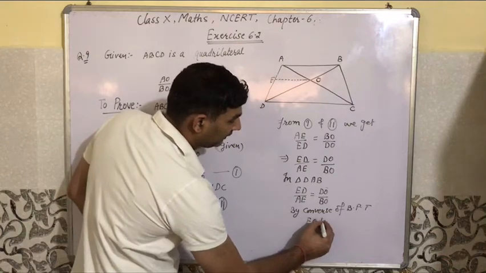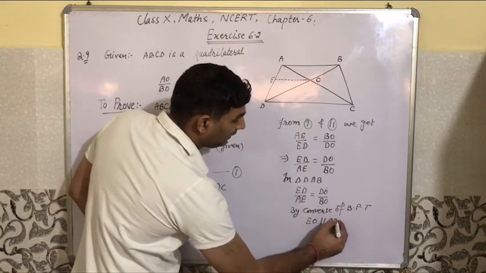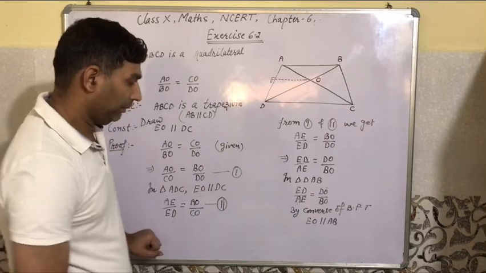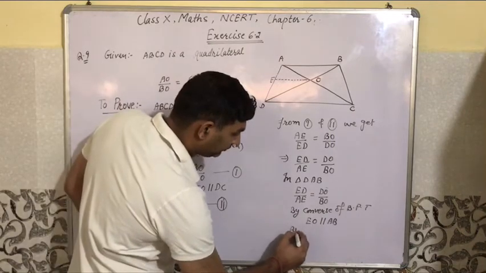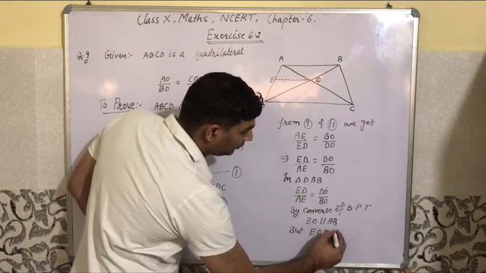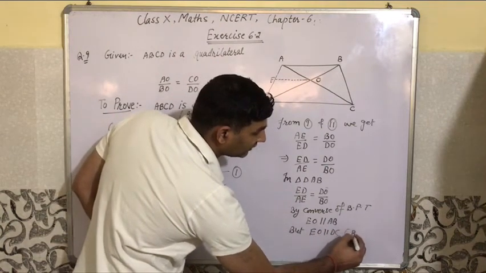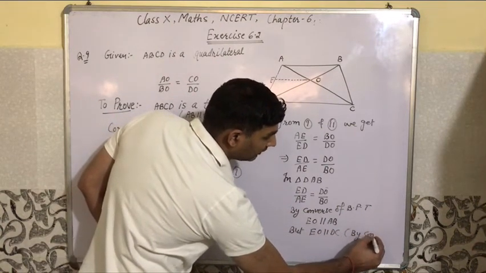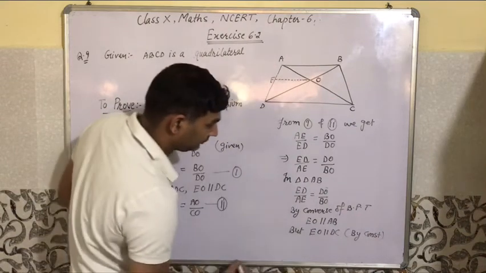EO parallel to AB, yes or no? But EO parallel to DC by construction.